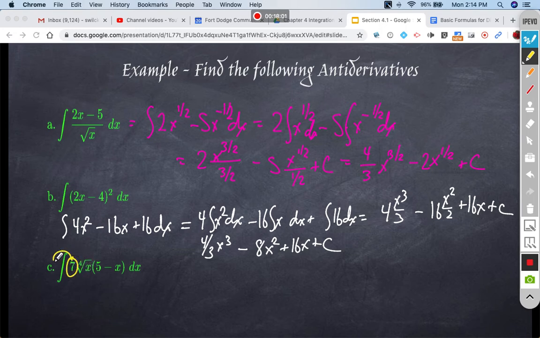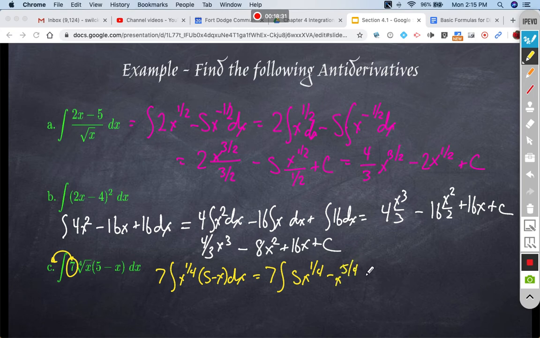Last one, I'm just going to take the constant out front. Let's start over here. 7 times the integral of x to the 1/4 times 5 minus x is 7 times the integral of 5x to the 1/4 minus x to the 5/4.